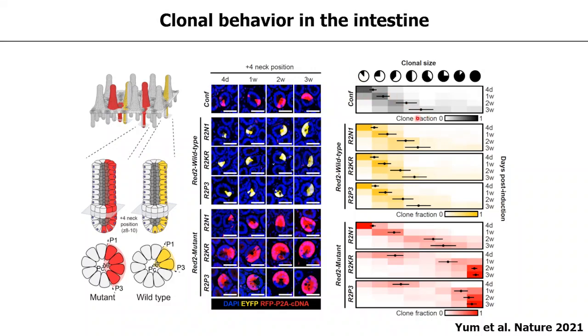So if we look at the yellow clones, which are wild type, they always follow the same pattern of confetti. Whereas if we are looking at mutant clones from these various mice, we see clonal expansion more rapidly in a red clone specific manner, meaning that if we have a Notch or KRAS or PI3 kinase activation, this will drive the clone to grow faster and more aggressively so that they can occupy the entire crypt with its own progeny in a faster way.